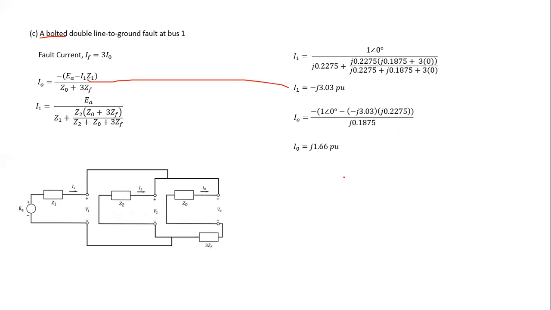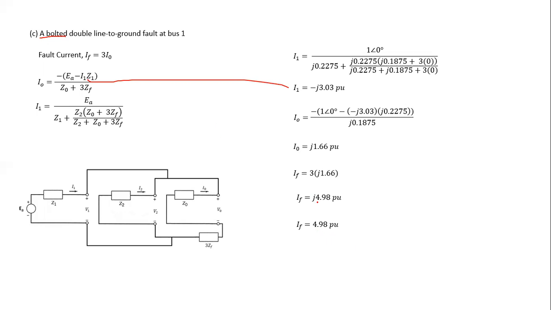So I0 is equal to j 1.66 per unit. Then we multiply this by 3, so that is j 4.98 per unit, or the magnitude is 4.98 per unit for the double line to ground fault.